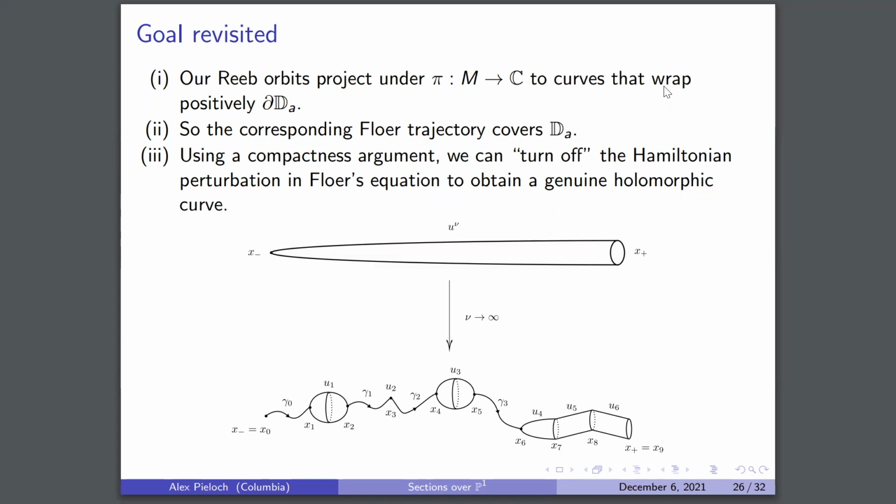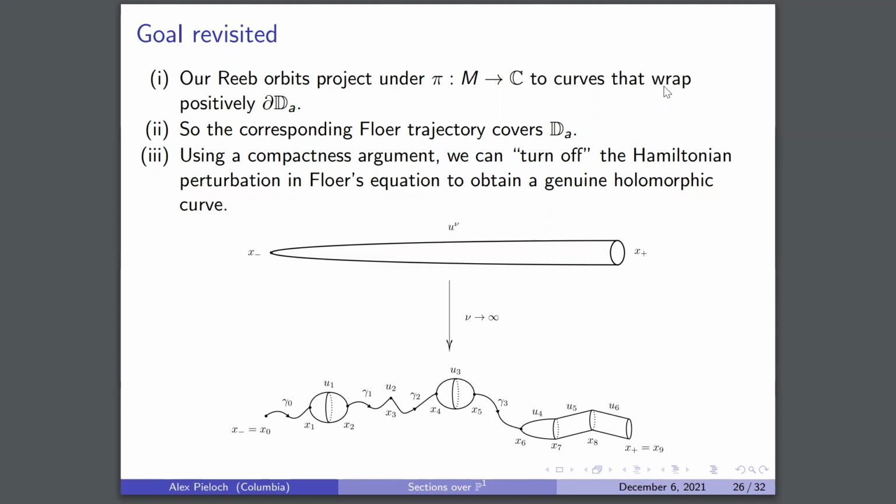Okay, so the sense in which we have some type of Gromov compactness is that our Floer trajectories converge to pearl necklaces. That is, holomorphic planes and spheres adjoined by negative gradient trajectories of our associated Morse function that we are taking to go to 0. Okay, so this is how we are kind of getting holomorphic curves.